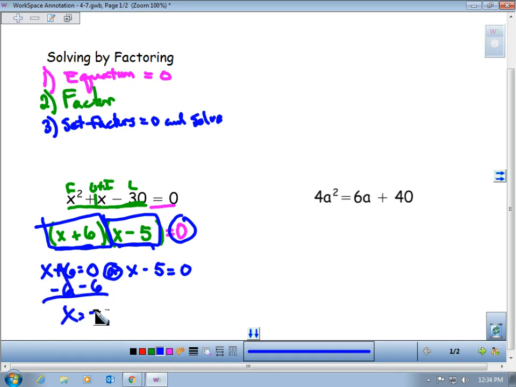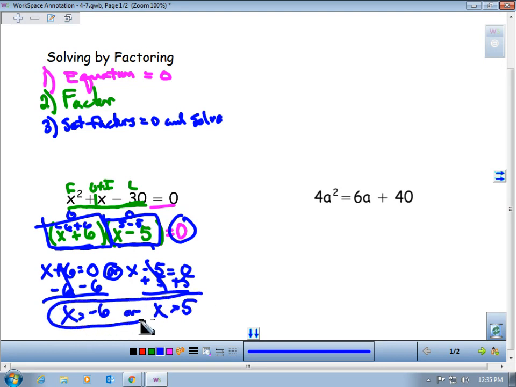So we get x equal negative 6, add 5 here, so we get x equal 5. And if I put negative 6 in here, that would be negative 6 plus 6, which would give me a 0. I don't even care what that is. It's got to be a 0. If I put a 5 in here, 5 minus 5 is 0. Doesn't matter what this is, your answer is going to be 0. So there are your solutions, x equal negative 6 or x equal 5.